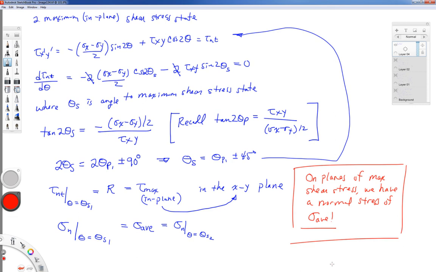Okay, so one more time, on planes of maximum shearing stress, we have a normal stress, a sigma average. Well, let's draw a picture to kind of illustrate all of these concepts.